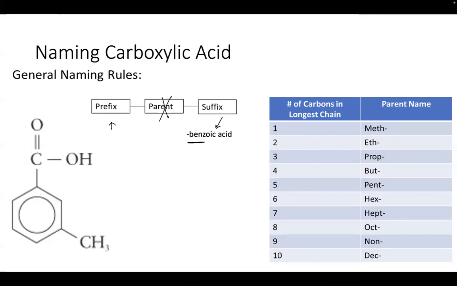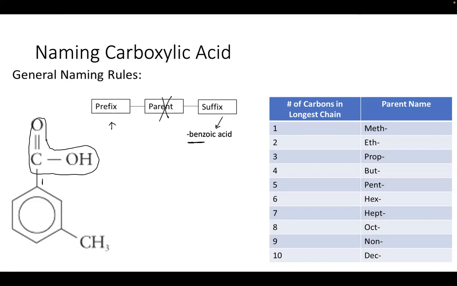So now it's a matter of figuring out how to number it. My number 1 is always going to be where that carboxylic acid group is. So here's the carboxylic acid group. Now it's a matter of determining if I should go clockwise or counterclockwise, and that depends on what branches are coming off of it.